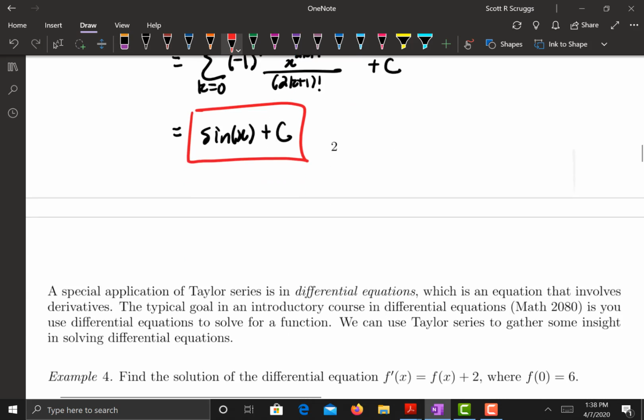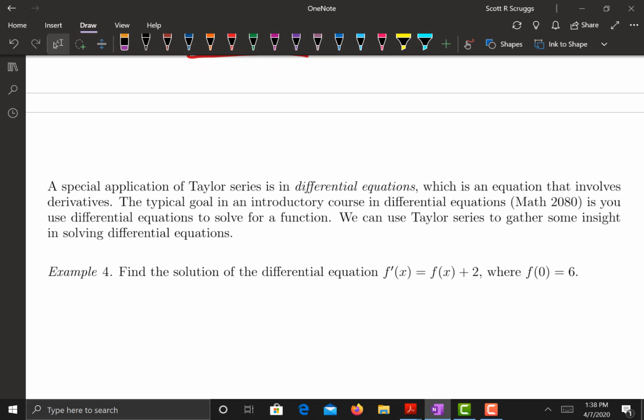Another application for a Taylor series is with differential equations. You'll learn more about differential equations when you take Math 2080.